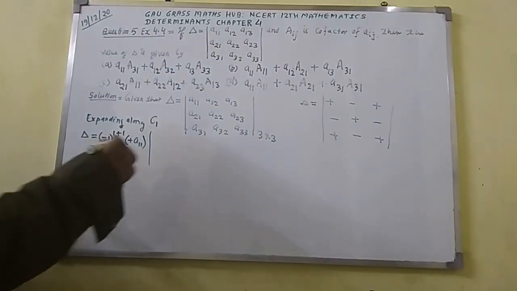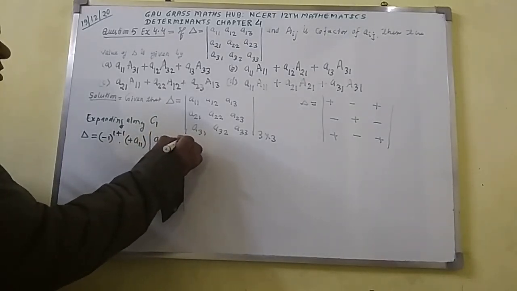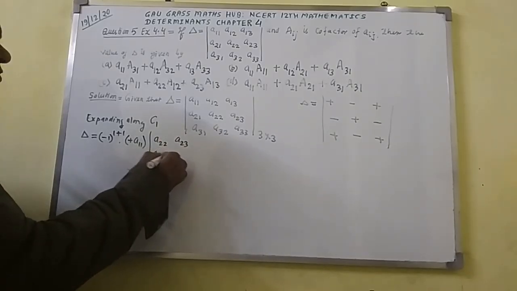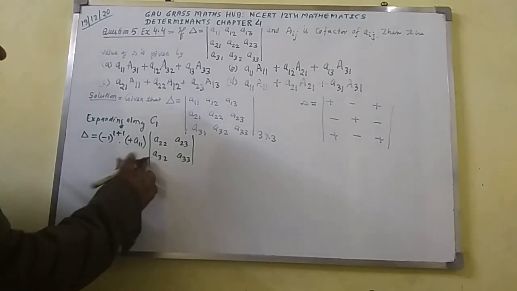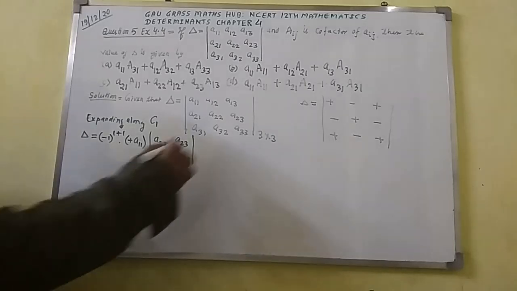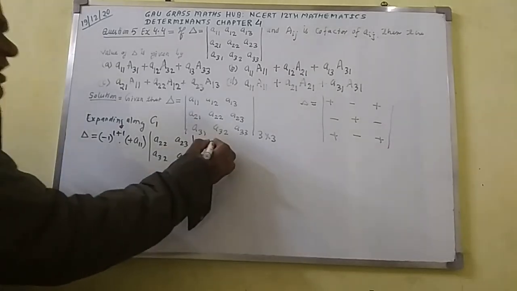The minor of a11 will be a22, a23, a32, a33. I shall write like this. Here I shall write plus. The same thing I shall write in a bracket, minus 1.